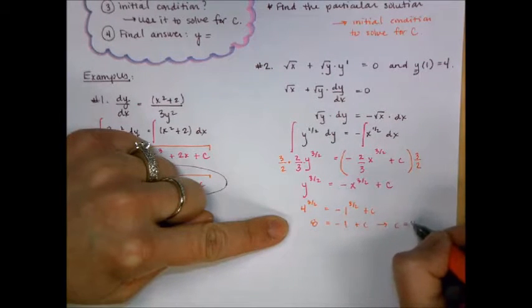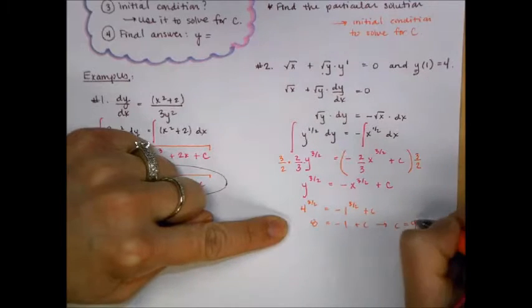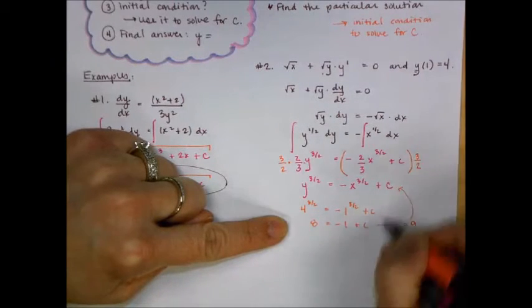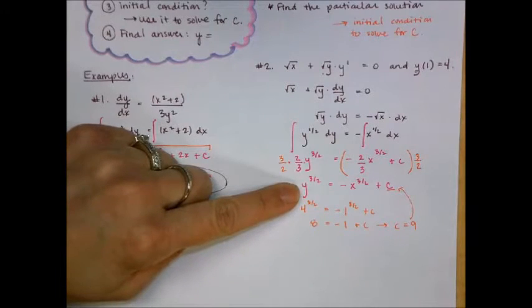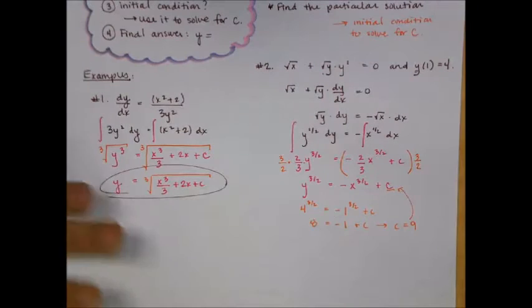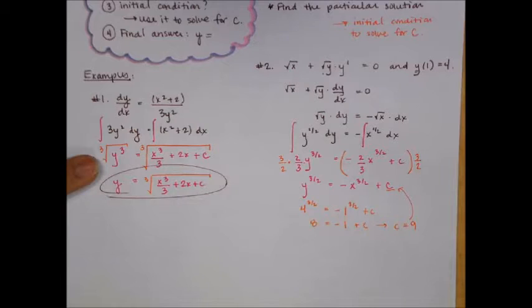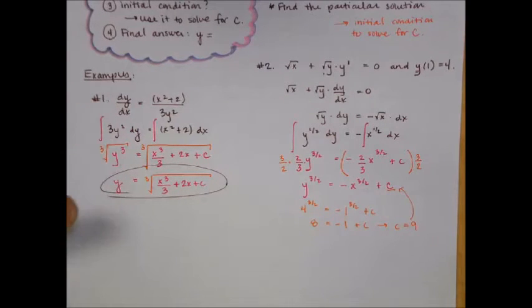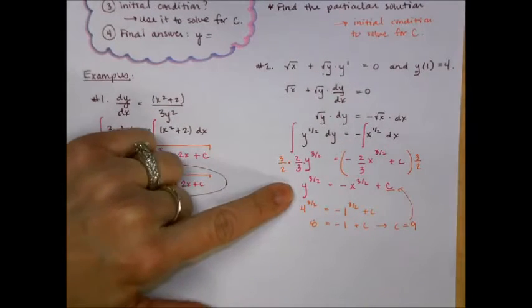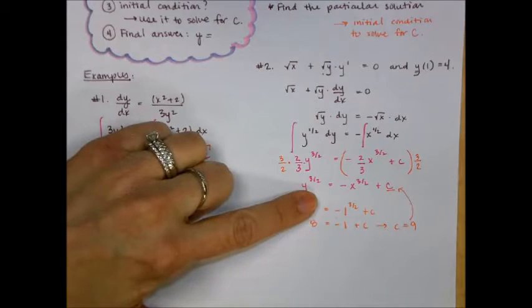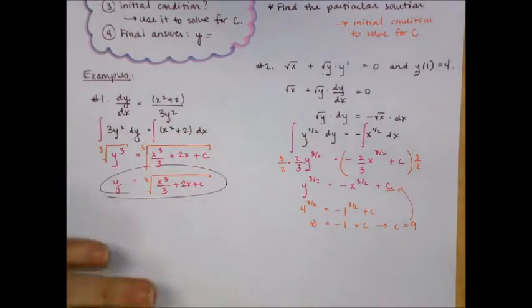So we would go back and plug this in. c is 9. Now to get y by itself, like last time, we just took the cube root of each side to get rid of the power of 3. Remember that cube rooting is the same thing as raising each side to the power 1/3. So the same thing happens here. To get rid of that 3/2 exponent, we want to raise both sides to the power 2/3. Just the reciprocal exponent will do.